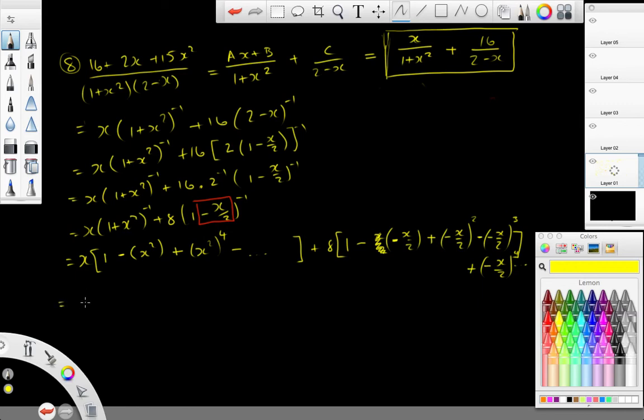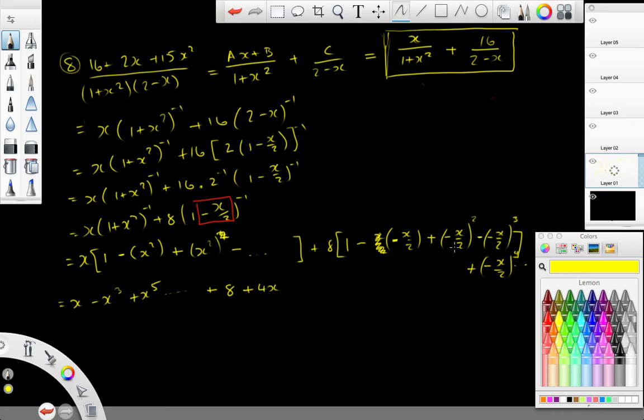Equals. So now we're going to simplify here. We get x minus x squared times an x is minus x cubed, plus x to the power 4 times another x, that's going to be plus x to the power 5, that's already too big. Plus 8 times 1 is 8, and then minus times minus is a plus, x over 2 times 8 is plus 4x.